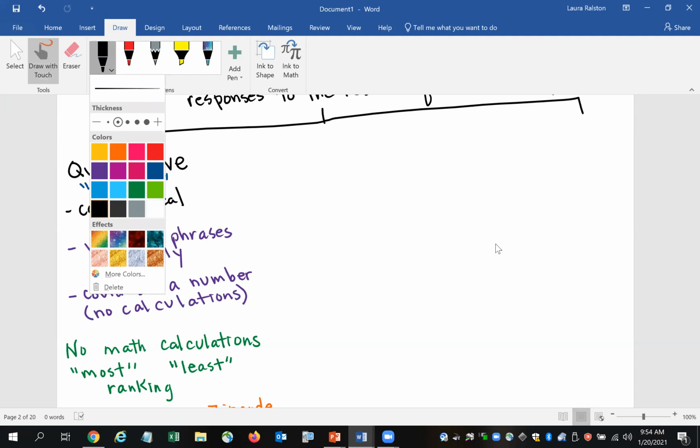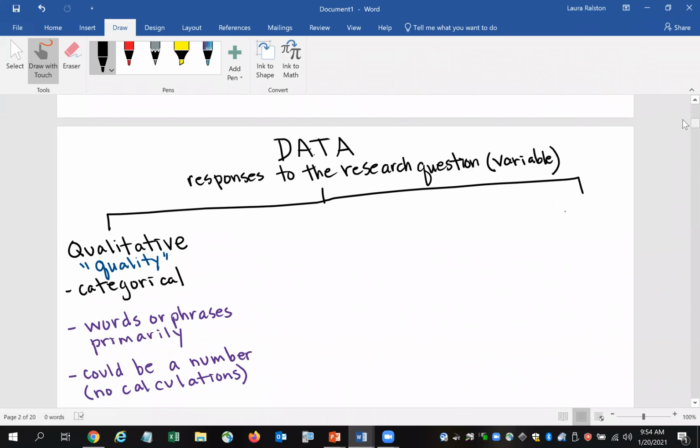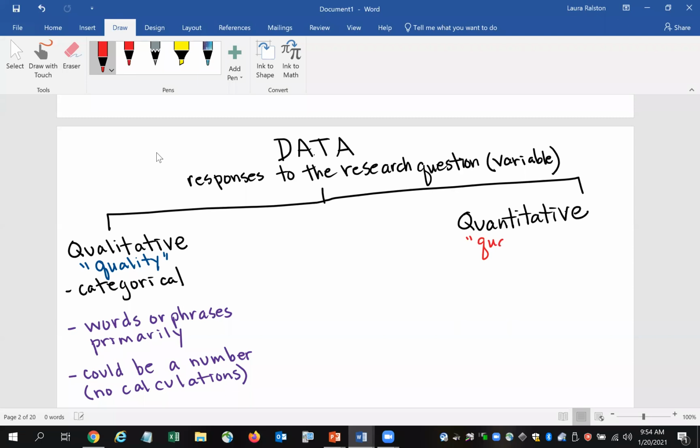Okay, going back then, the other category of data is quantitative. So data is our overarching theme. The first category is qualitative. The second category is quantitative. And again, that is an adjective, and it basically contains the word quantity.